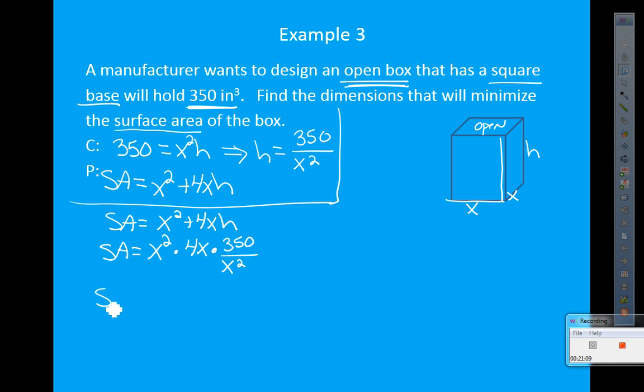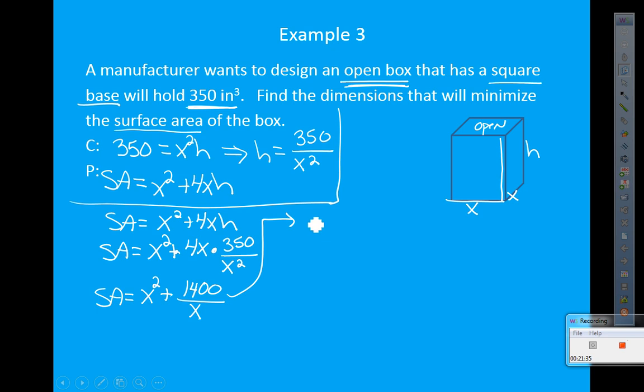Let's simplify that. So I've got surface area is x squared plus 4 times 350 is 1400. I've got an x and an x squared on the bottom, so that's going to leave 1x on the bottom.